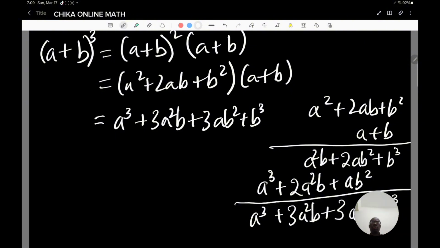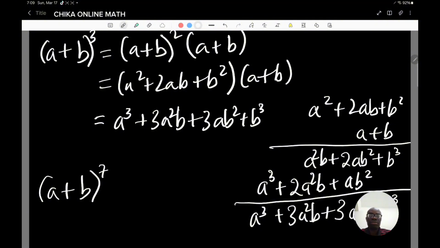So we see the stress it took us to get (a + b) raised to power 3. Now what if we are asked to evaluate (a + b) raised to power 4, 5, 6, or 7? You understand? For instance, (a + b) raised to power 7. You can imagine, we started from (a + b) raised to power 1, and look at how long it took us to get (a + b) raised to power 3.